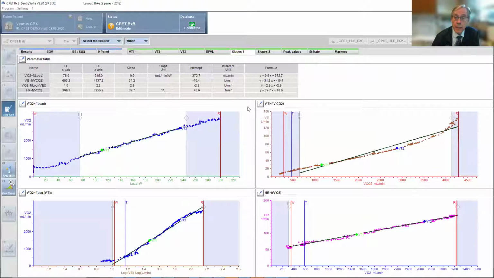But if you go back to that and constrain this to the VT2, which is what you should be doing, because that ventilatory threshold is what we call the respiratory compensation point. That's where you want to be doing it. And so the VE/VCO2 is normal here. It's 22, sorry. So that's an important thing.